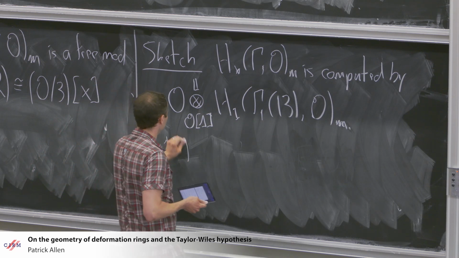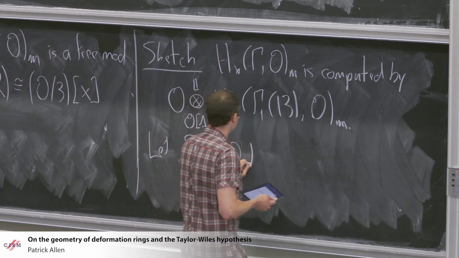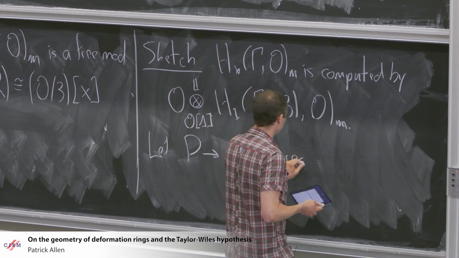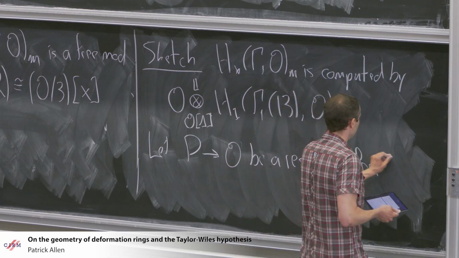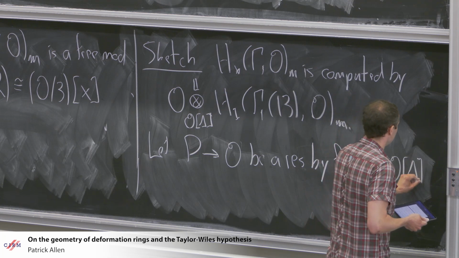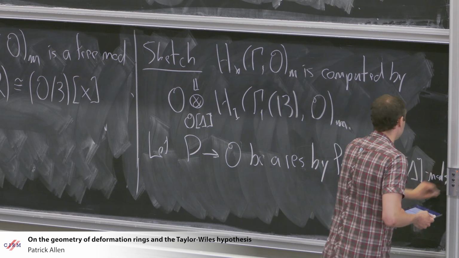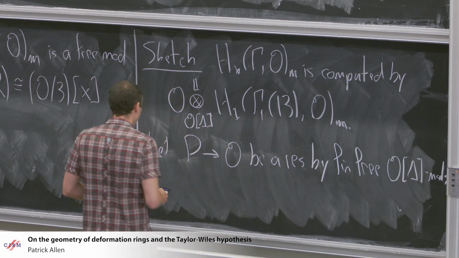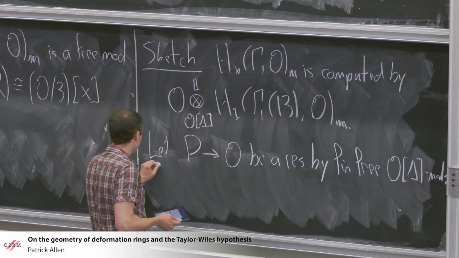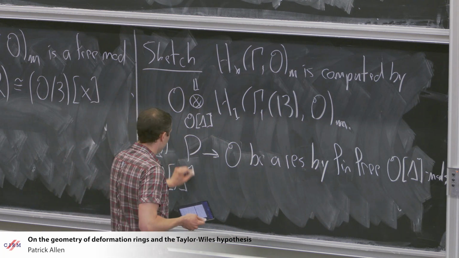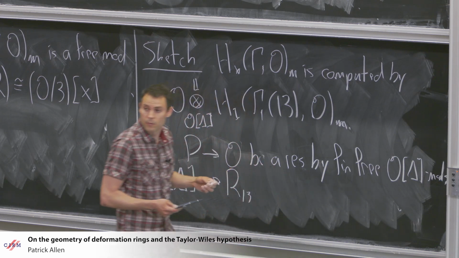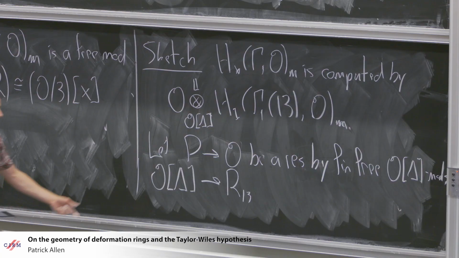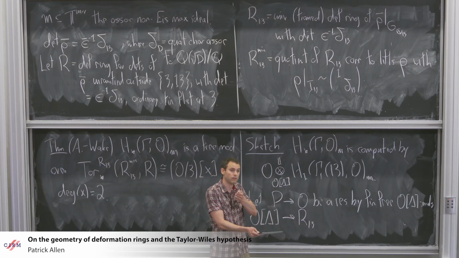So let P be a resolution by finite free O delta modules. Then what you show is that there's a natural map from O delta. As I was saying to David's question, you prove that the universal deformation ring at 13 is actually split, a direct sum of two characters.